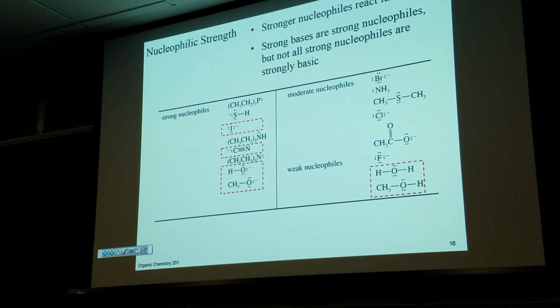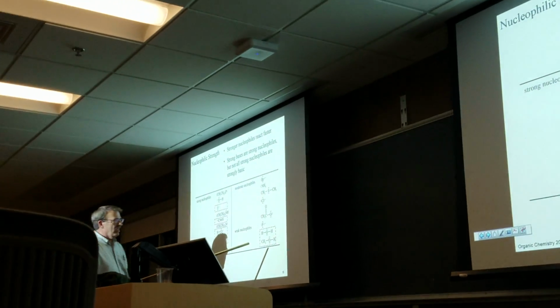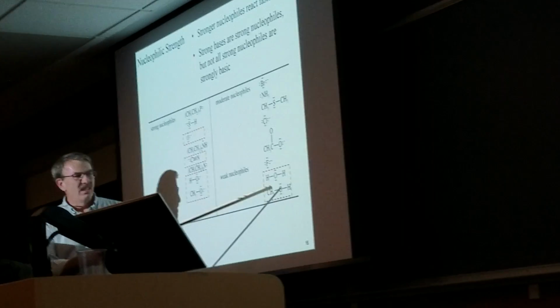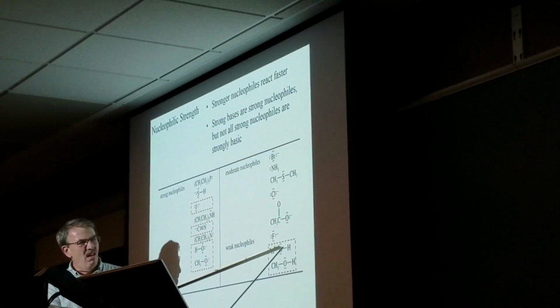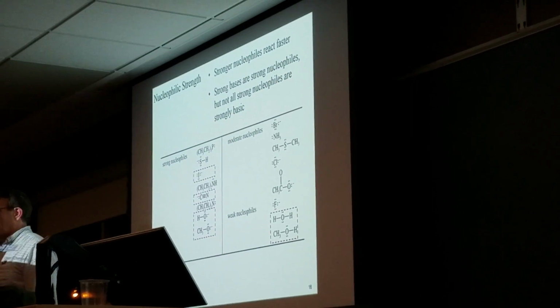If I have HO and some alkyl group, that's an alcohol. Okay, if I rip off that hydrogen off the alcohol, that is an alkoxide, a methoxide or ethoxide or something like that. Okay. If I look at weak nucleophiles, I typically think of things like alcohols or water are weak nucleophiles, okay?